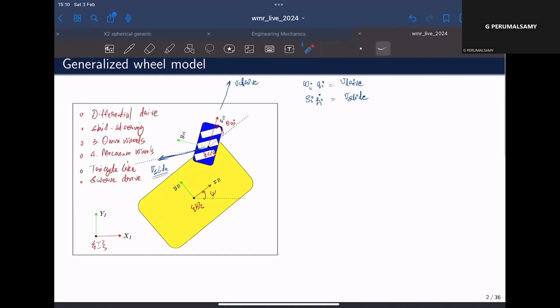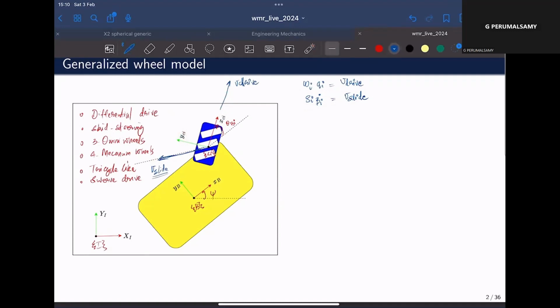So we want to resolve everything along the XCI and YCI directions, that is, resolve V slide and V drive along these two axes. How do we do that?